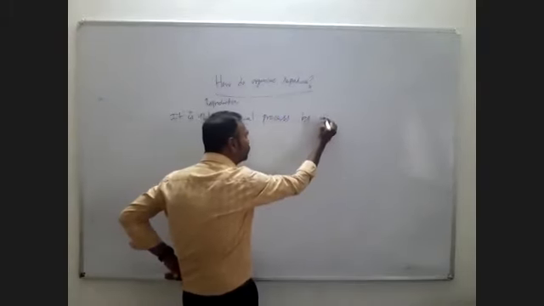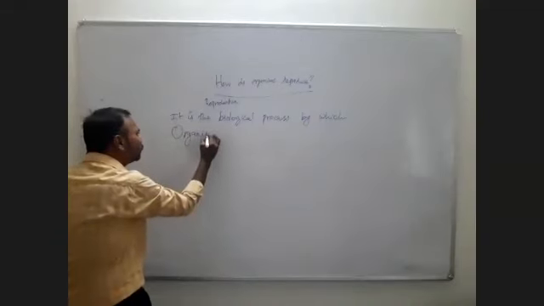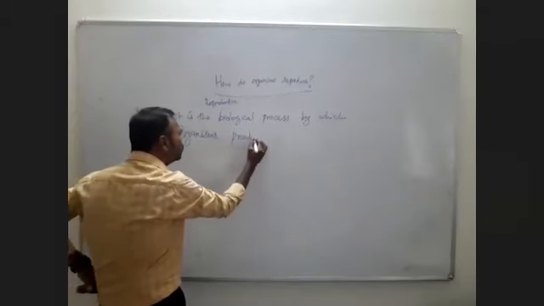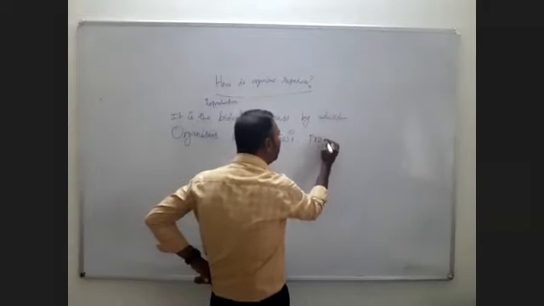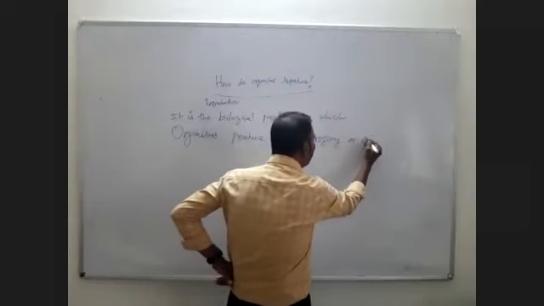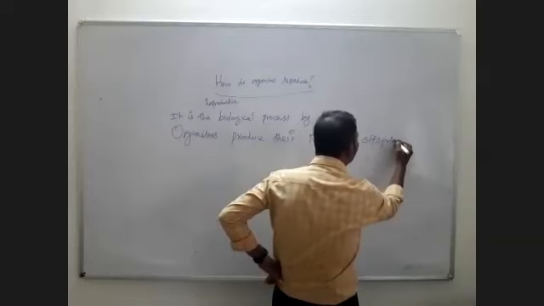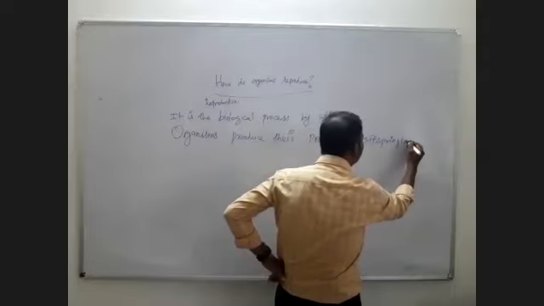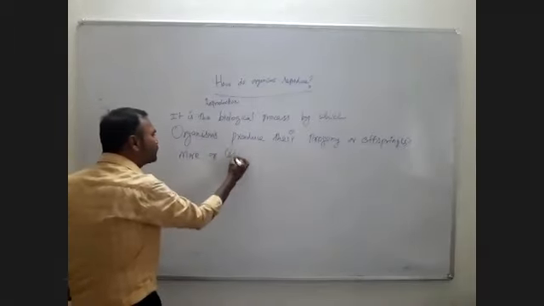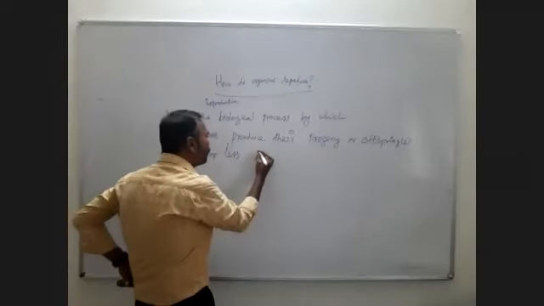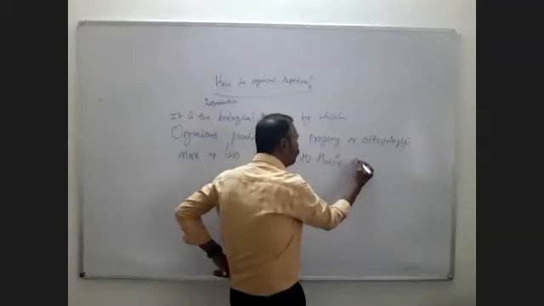By which organisms produce their progeny, or you can say offspring, more or less similar to their own type.